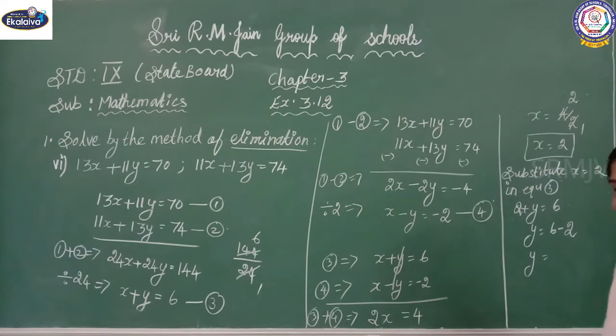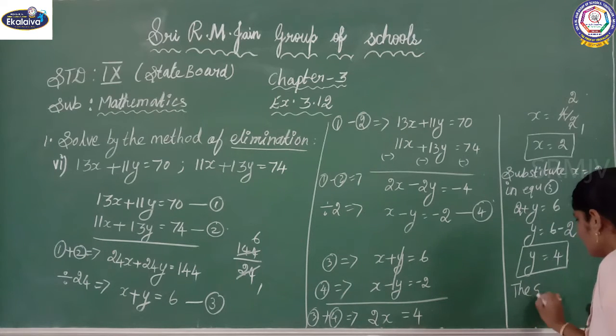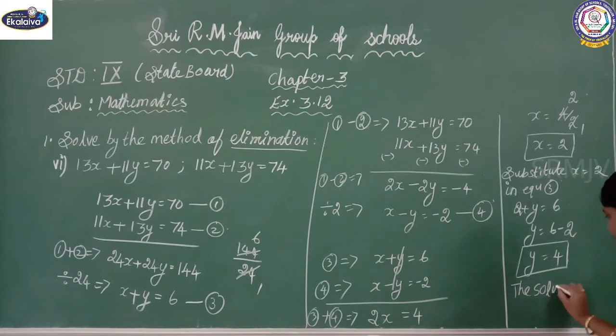What will you get, children? 4. So the value of y is 4 and the value of x is 2. So the solution is x equal to 2, y equal to 4. Is it clear, children?